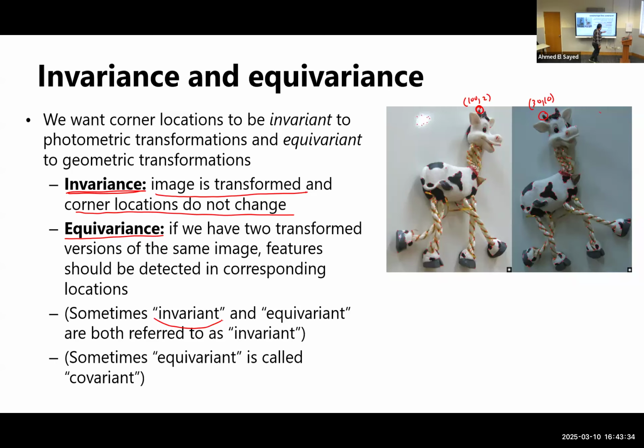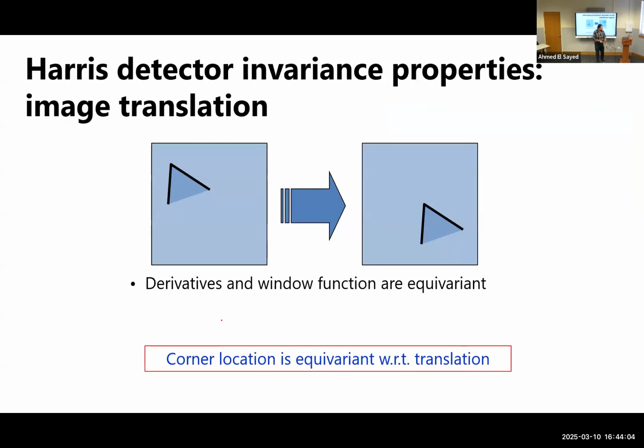Also, some people may call the equivariant covariant. Again, those are just naming conventions. Now, we want to study the corners that we introduced in the last lecture, according to these transformations, if they are invariant or equivariant or none of them.